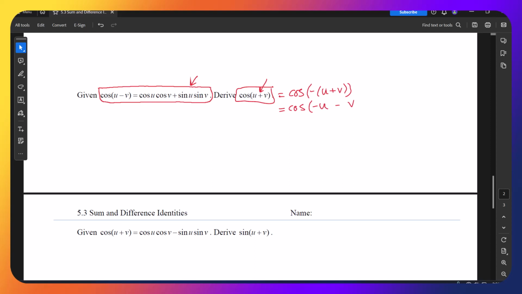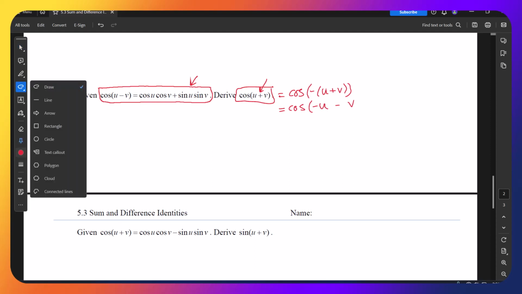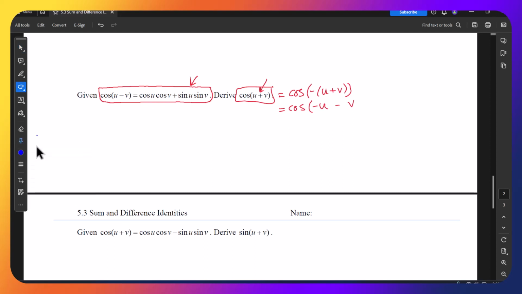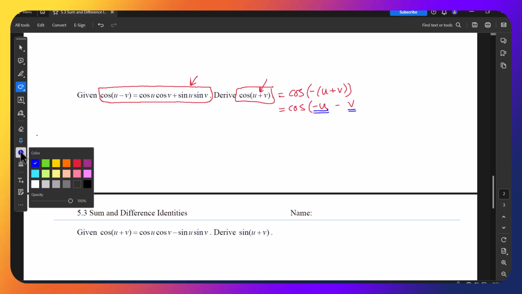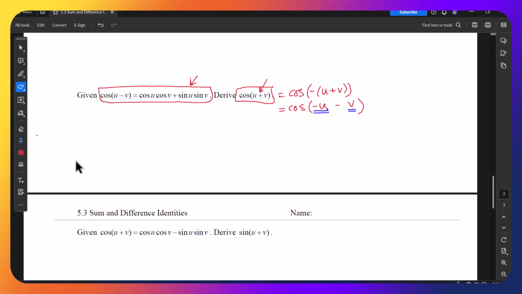Now I'm actually looking at the cosine of a difference, and I'm going to make sure I highlight or underline the two different angles I'm dealing with. The first angle is negative u, so including the negative, and the second angle is all of v.